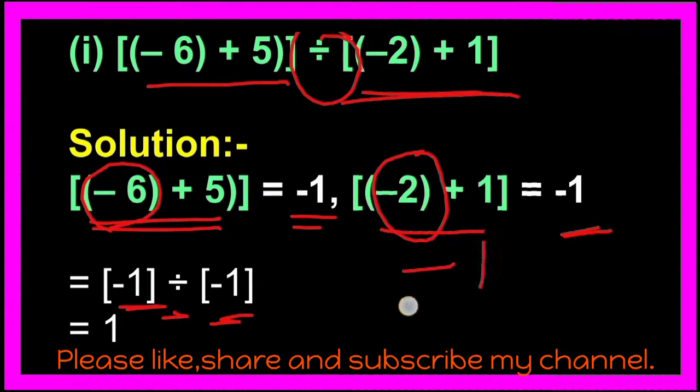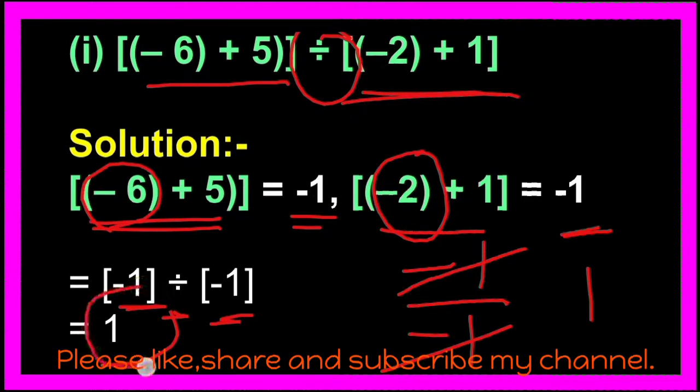Now if we divide minus 1 by minus 1, then we know that minus 1 ones are minus 1. So the answer is 1. Here we have both integers negative, so the answer is positive, because this negative sign also will be cancelled in the division process.